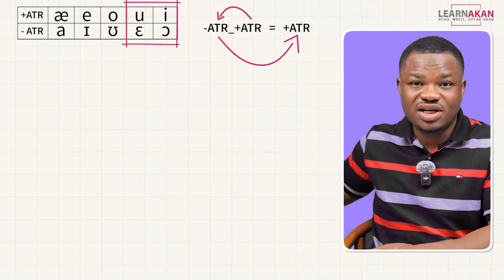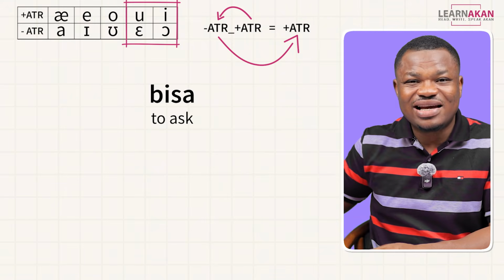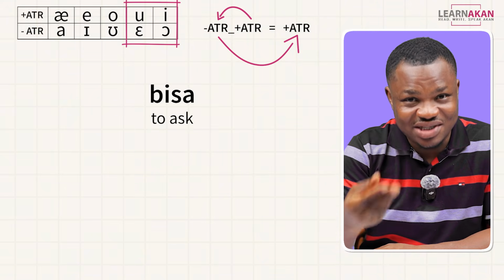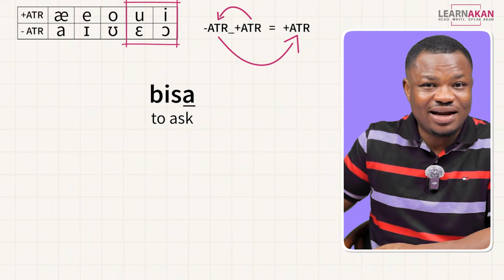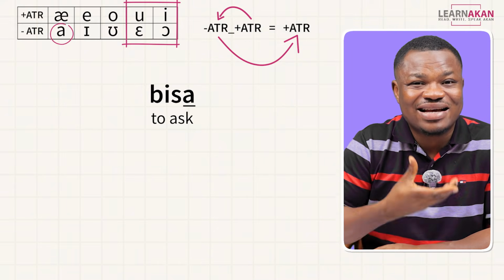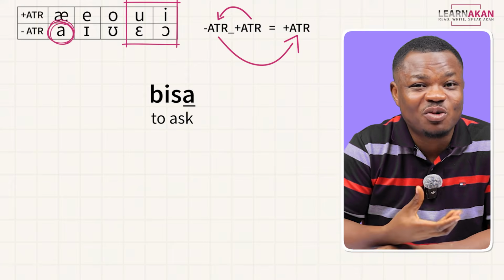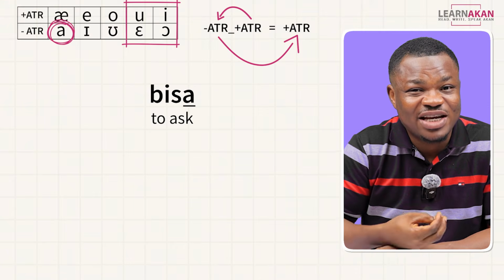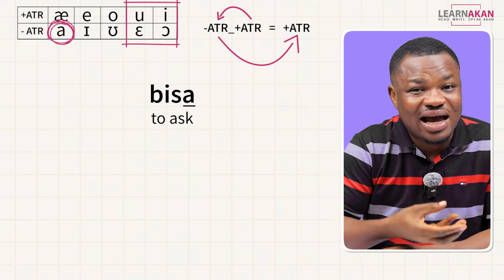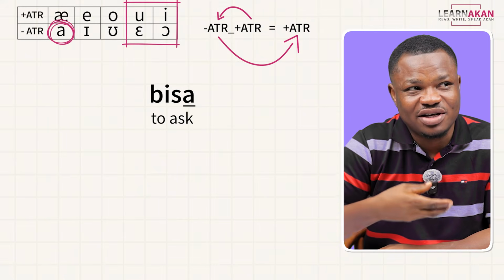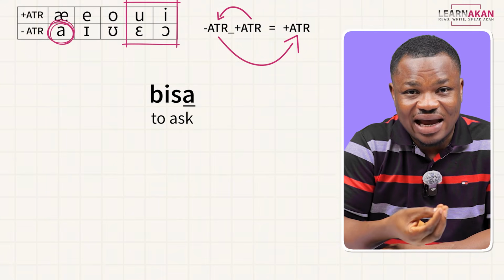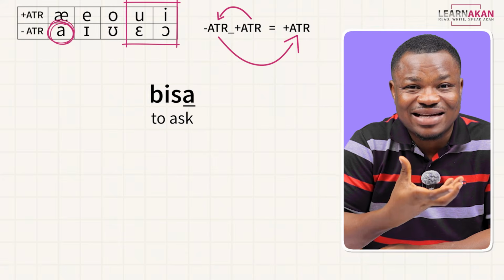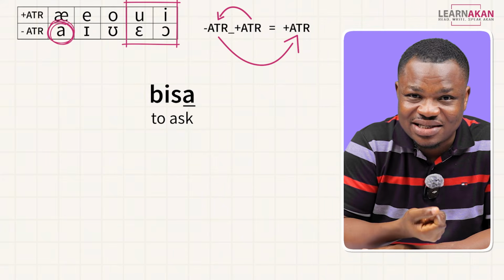So for example, if you take a word like this one, this is bisa, okay, bisa. Now, you see the A at the end. I'm pronouncing that as A, the regular A, which is minus ATR. So I'm saying bisa, not bise, right? I don't say bise. So it's bisa, the regular A sound, which is actually minus ATR.